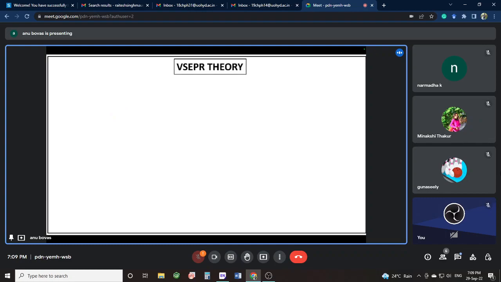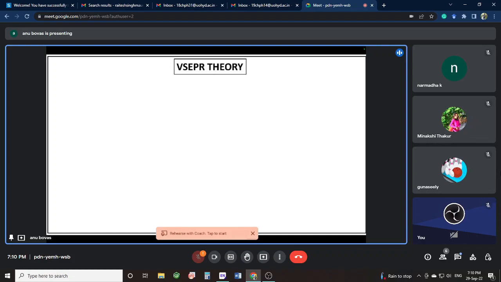So first of all, in order to understand the shape or geometry of the molecule, we should know valence shell electron pair repulsion theory, from which we can find out the shape. This is a simple theory which tells that atoms consist of electrons and the charges will repel each other and they will try to stay as far as possible.